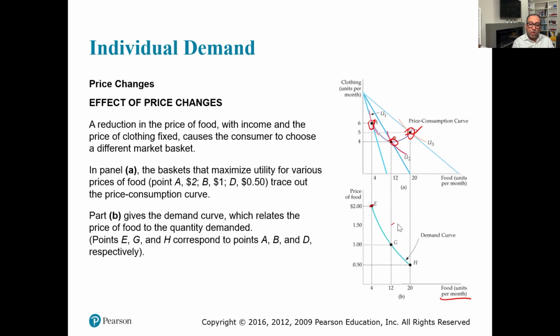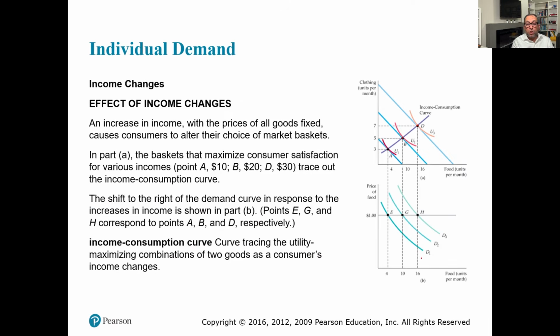When the price changes, we move along the curve, from point E to G and H. But here we are shifting the curve from E to G to H, so we have new demand curves at a higher level. The shift to the right of the demand curve in response to the increase in income is shown in part B.